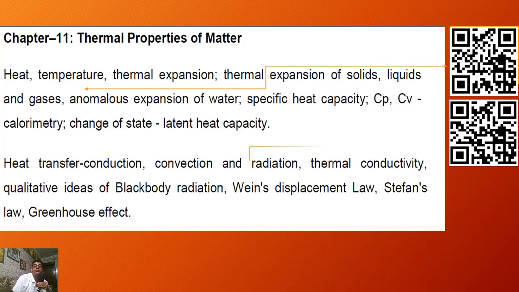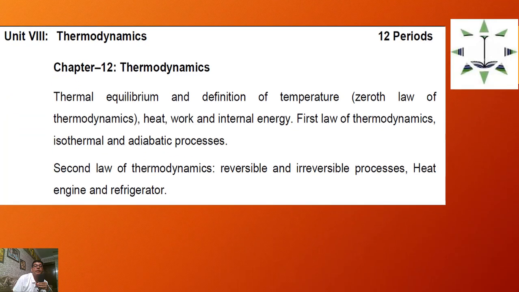Next we go to thermodynamics: first and second law of thermodynamics, Carnot cycles. This is not covered in this lecture because these are concept based and numerical based, so you have to practice lots of numericals and graphical problem solutions for adiabatic and isothermal processes.